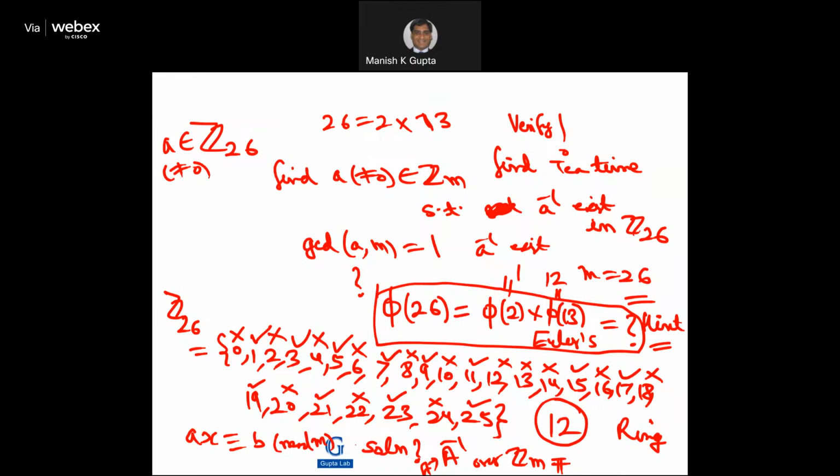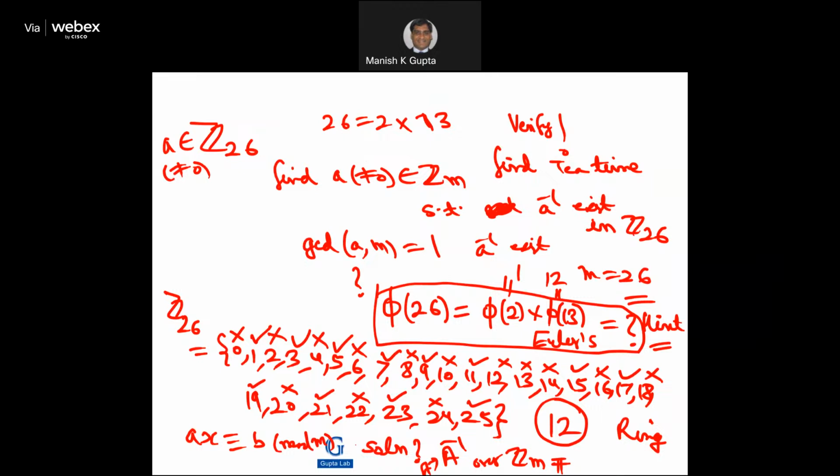And that turns out to be nothing but the Euler-Totient function. So phi of 26, phi of M, is phi of 2 into phi of 13 because 2 and 13 are prime numbers. This Euler-Totient function is a multiplicative function.